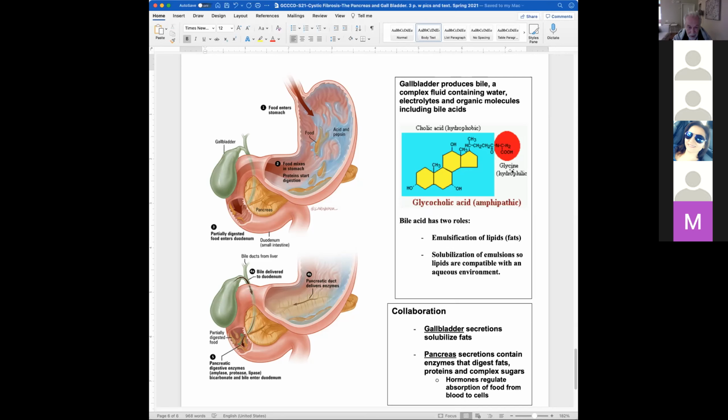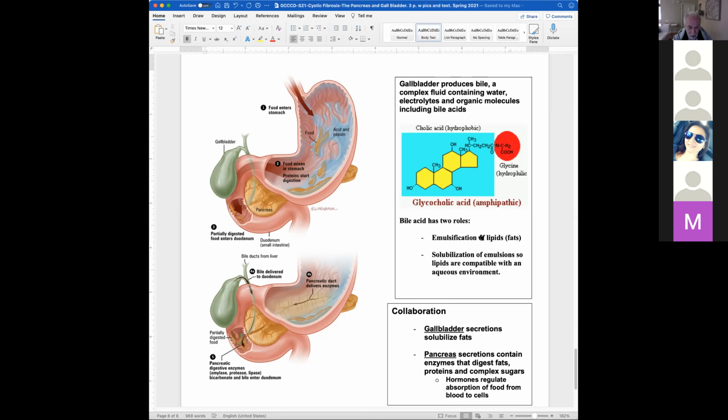And this may sound familiar to you from what you remember about phospholipids. Polar on one end, nonpolar on the other. But this amphipathic nature of bile acids allows them to take care of fats. So bile acid has two roles.